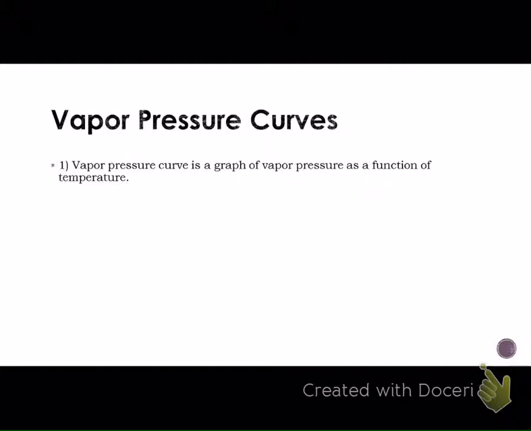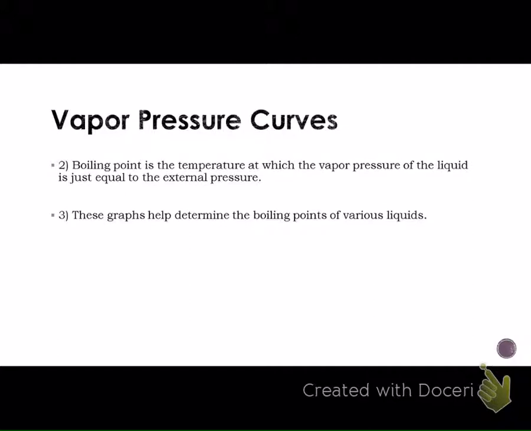But back to vapor pressure curves, we have vapor pressure. Pressure, again, is looking at a unit like atmospheres, millimeters of mercury, and then we have temperature. So we're ultimately, again, looking at how does pressure impact the temperature at which a material can boil, and more specifically at what temperature can a liquid boil to go through a phase change to go to a gas.